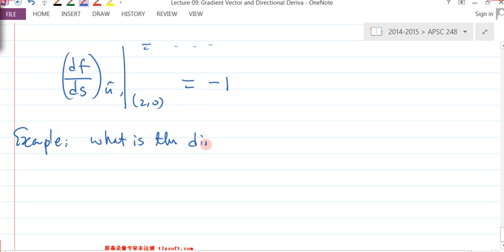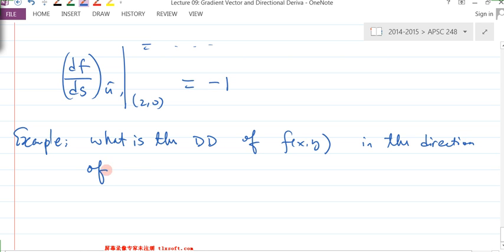What is the directional derivative of f of xy in the direction of i hat? And how about negative i hat?